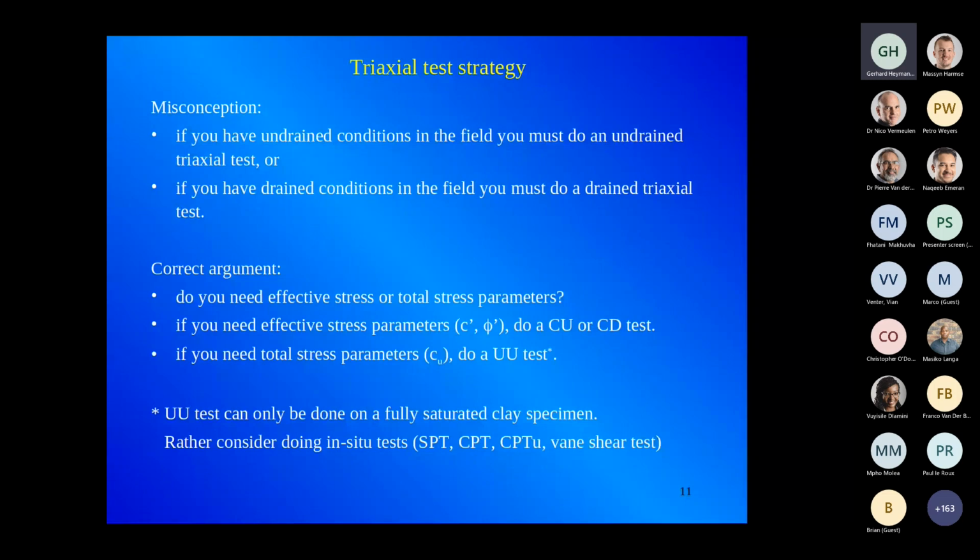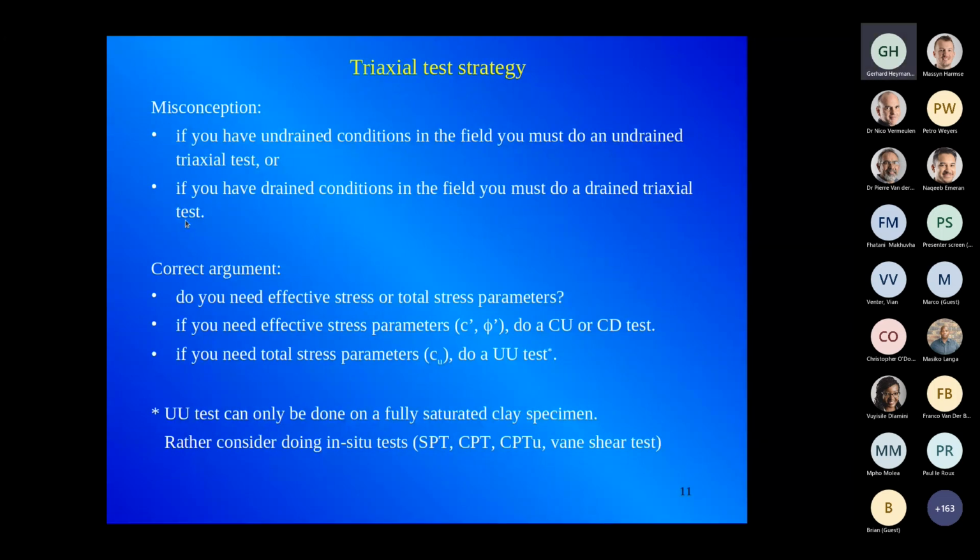And we've got these three options. I very often hear this argument. It says, the argument goes, if you have undrained conditions in the field, you must do an undrained triaxial test. If you have drained conditions in the field, you must do a drained triaxial test. That argument is misguided. That is not the correct argument.